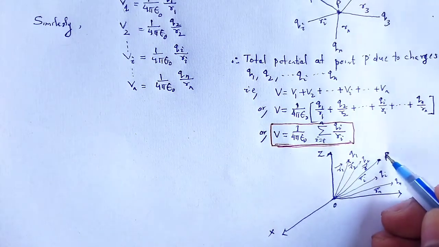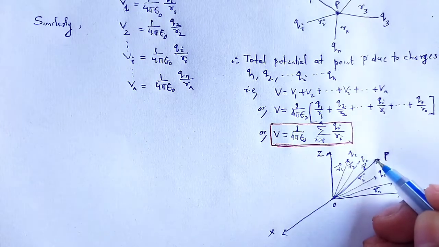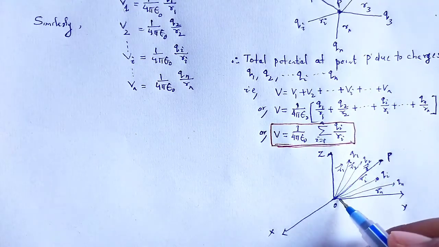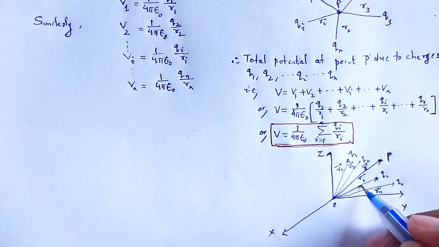The point P has position vector r, and the charge qi exists at the position vector ri.